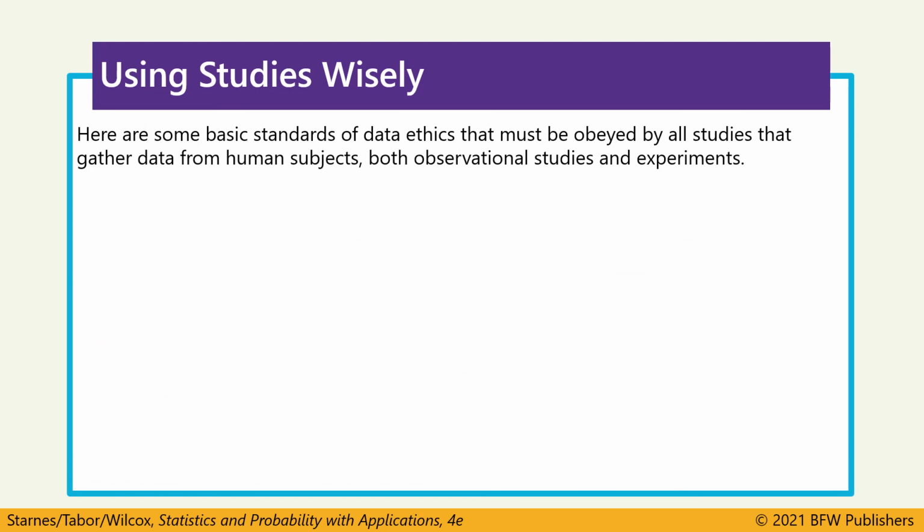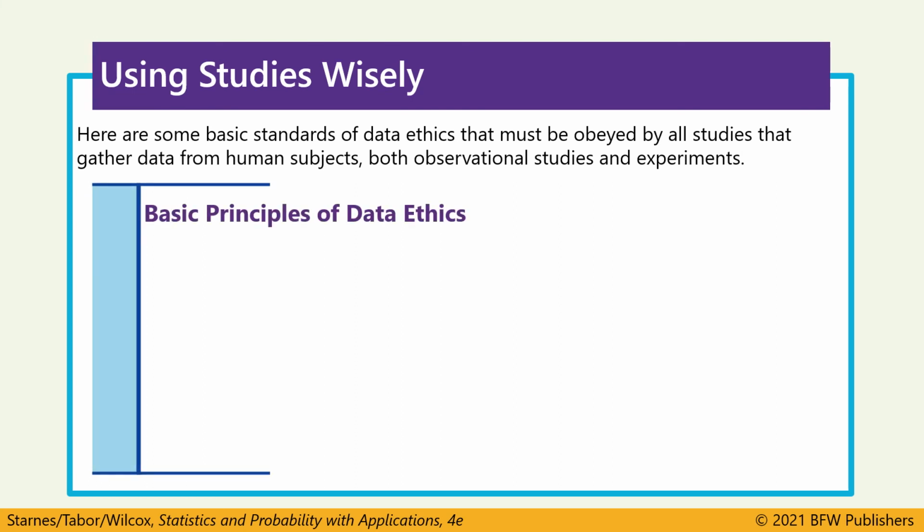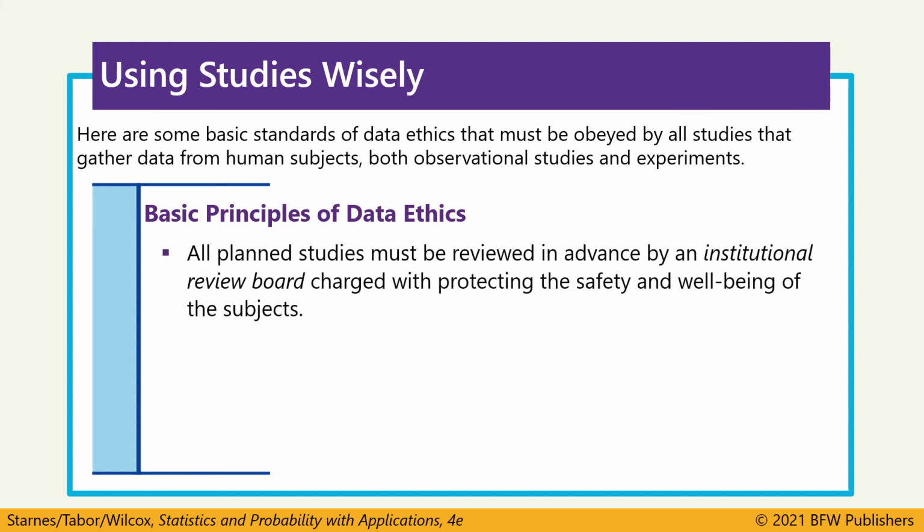We're going to close out this chapter with just some notes about how experiments and observational studies are conducted in the United States. They are very closely monitored, and there's a strict set of data ethics and morality that they need to abide by. So as for basic principles of data ethics, to start, all planned studies must be reviewed in advance by an institutional review board, and their main goal is protecting the safety and well-being of the subjects.